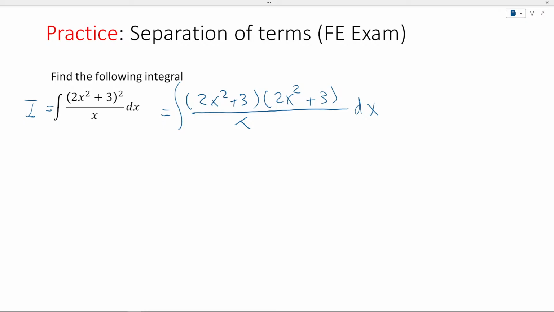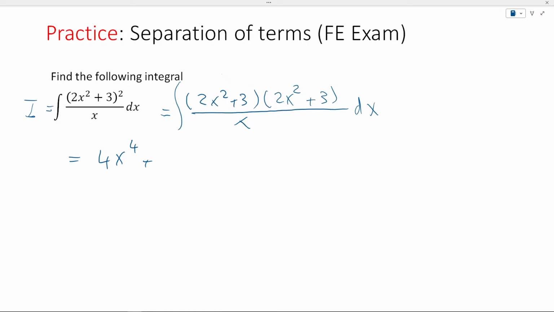So that is equal to 4x to the power of 4 plus, I multiply. Just to review your algebra: you multiply this by this, then this by this, then this by this, then this by this. Okay, that's how you do it.